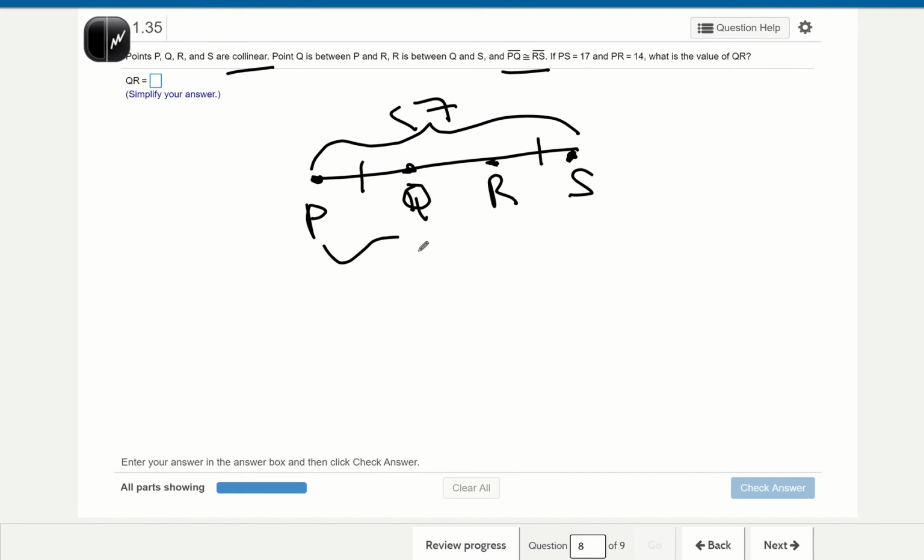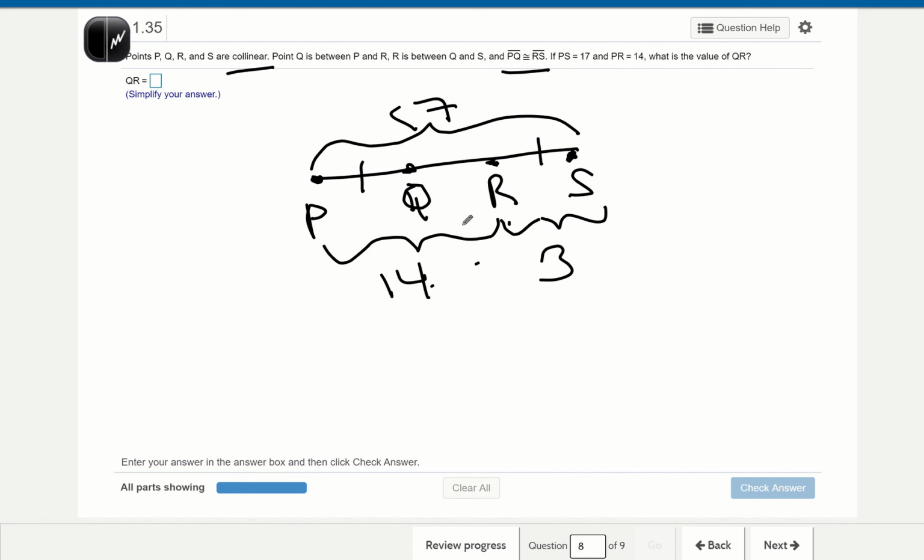This little chunk here is 14. And then what is the value of QR? Well, if we know that PR is 14, then we know what RS is, because RS is the other little chunk that adds up to 17, the entire thing. So 14 plus what is going to give you 17? Well, that's going to be 3, and that's the segment addition postulate.